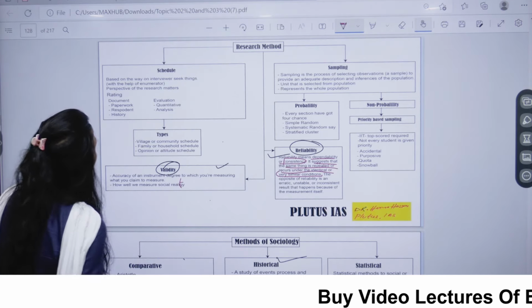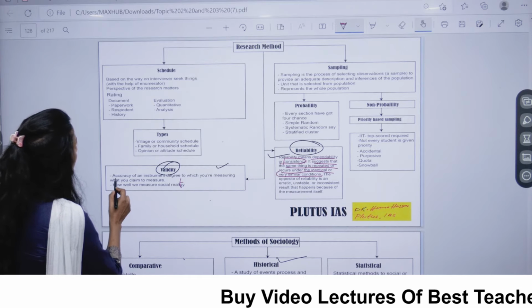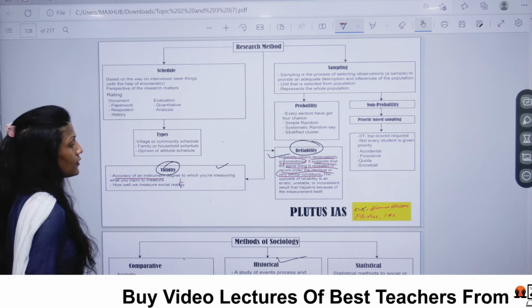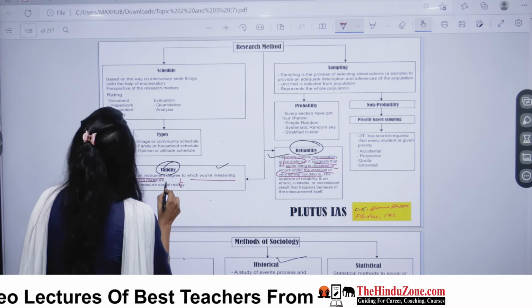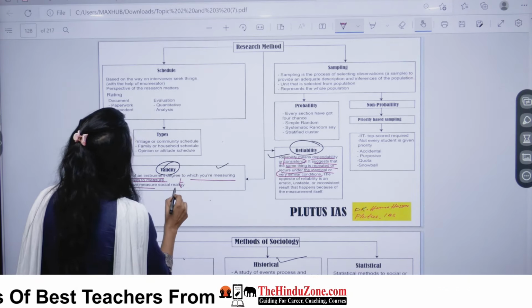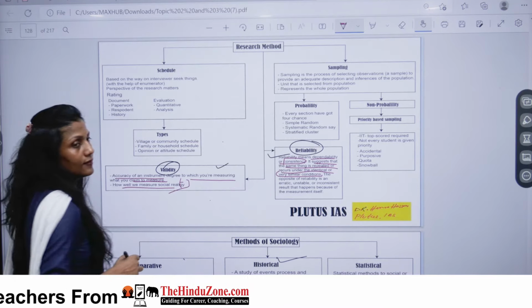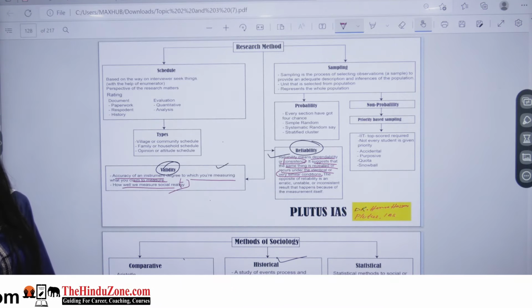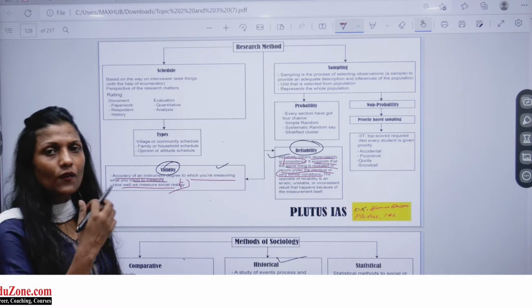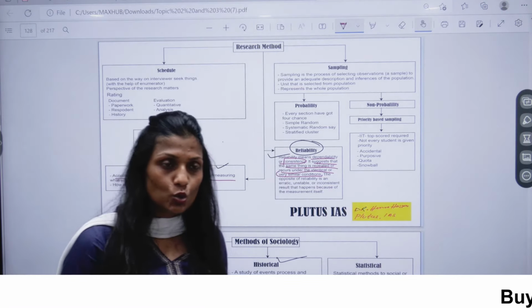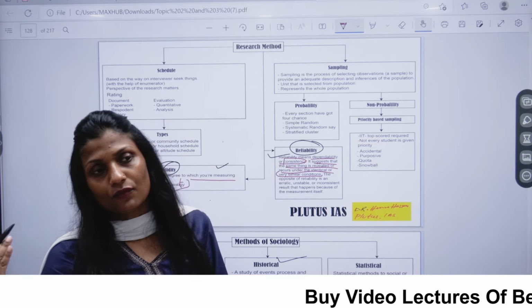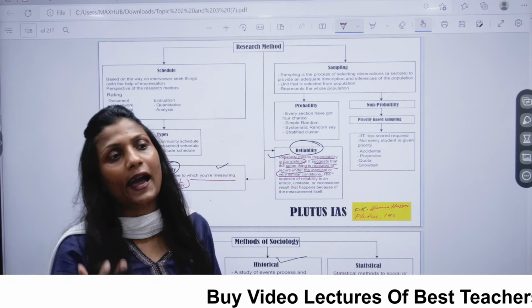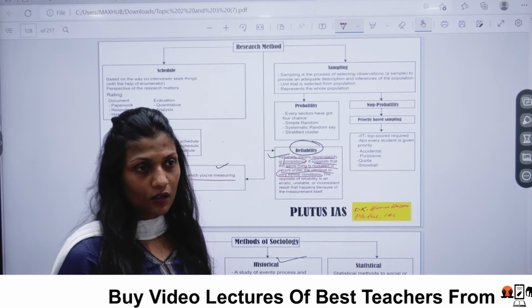It is the accuracy of an instrument, the degree to which you are measuring what you claim to measure, how well we measure our social reality. So that is validity. Whatever I aimed to study, whether the findings have proved my hypothesis or not.